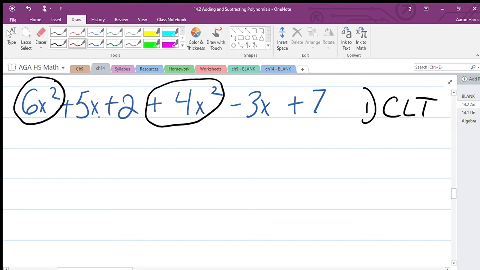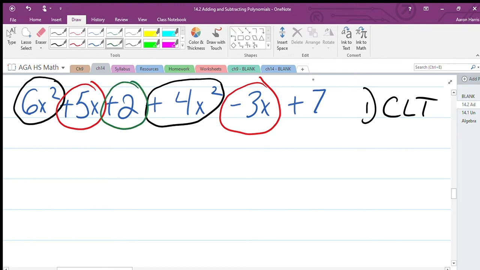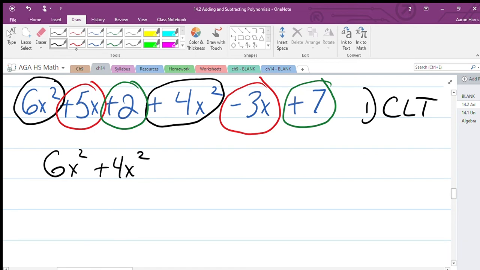Here is a 5x. Here's a negative 3x. And then here is a positive 2 and a positive 7. So I color coded it so you can make your life easy and see which ones need to be combined. So it's 6x squared plus 4x squared, plus 5x minus 3x, and then a plus 2 and a plus 7.